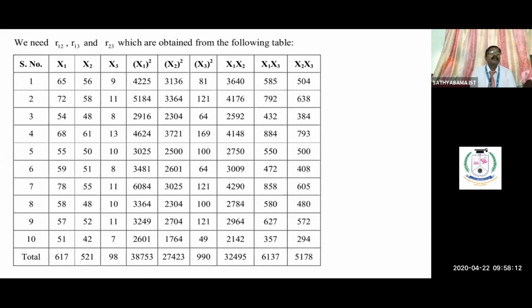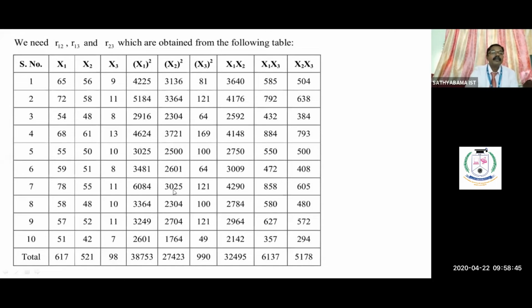Next, now you have to find the correlation for each and every pair. You know R12 means R of x1 x2, R13 means R of x1 x3. So we are finding all the values: the total sigma x1, sigma x2, sigma x3, sigma x1 square, sigma x2 square, sigma x3 square, sigma x1 x2, sigma x1 x3, sigma x2 x3.